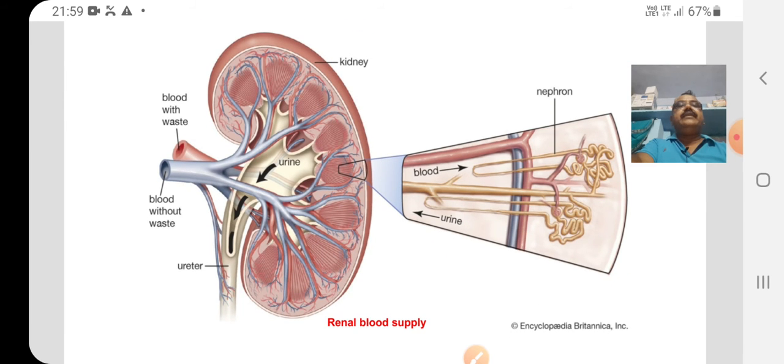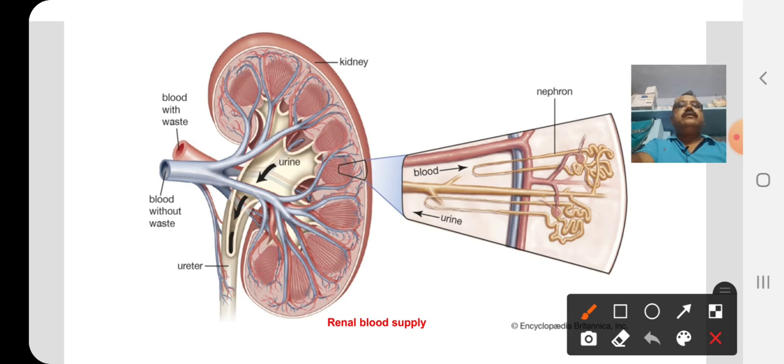This figure indicates the renal blood supply. Here you find the vein portion, then this is the arterial portion, then these are known as a renal vein and a renal arteries.